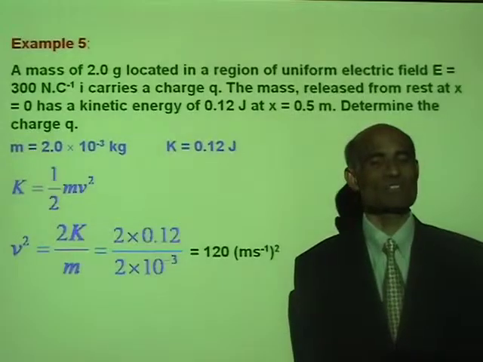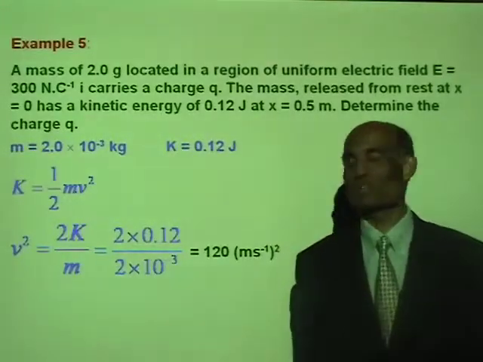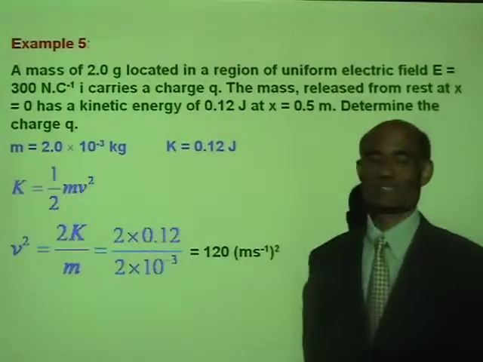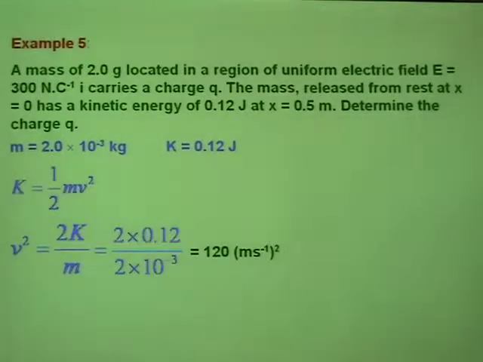What is the acceleration? If you recall some of the equations of motion, which of the equations will you use here? Well, you need to use the equation that contains the initial velocity, the final velocity, acceleration, and the displacement. Look at this.